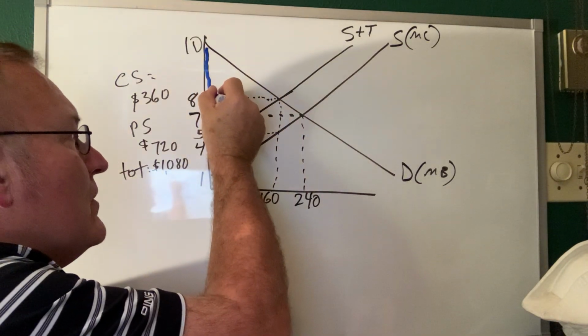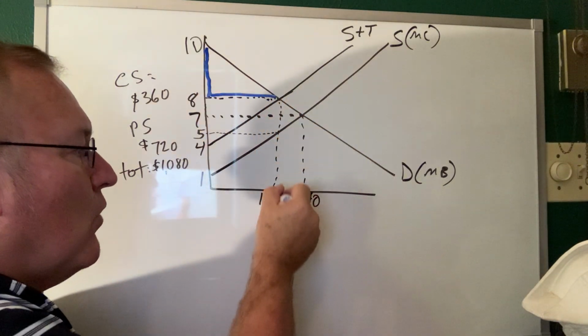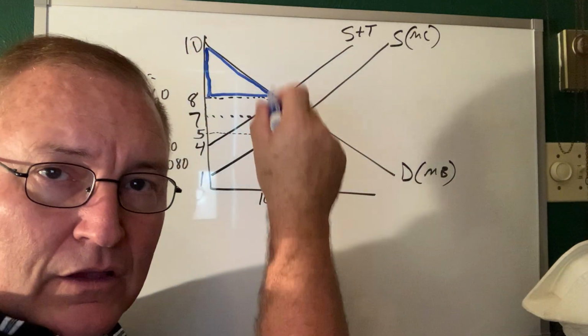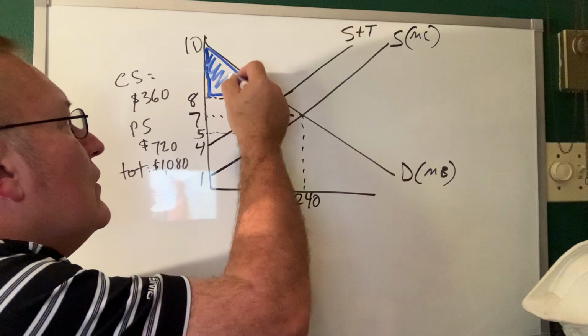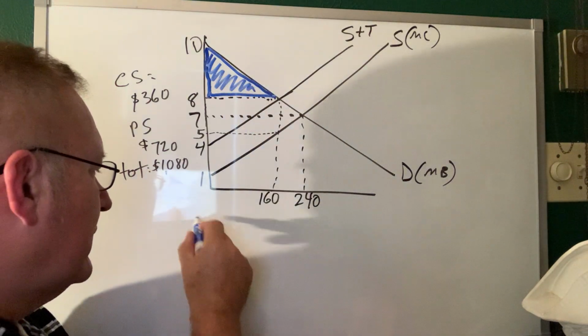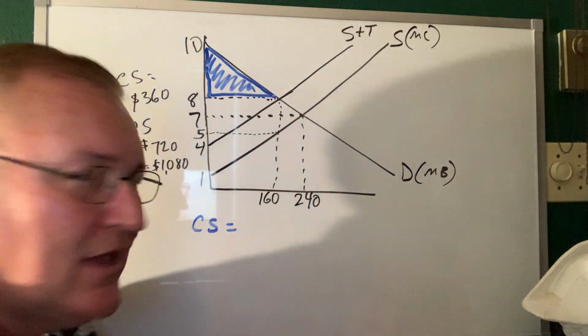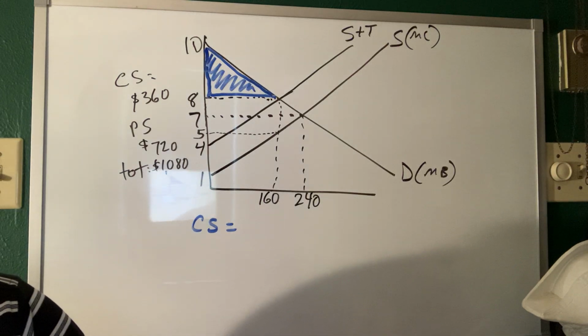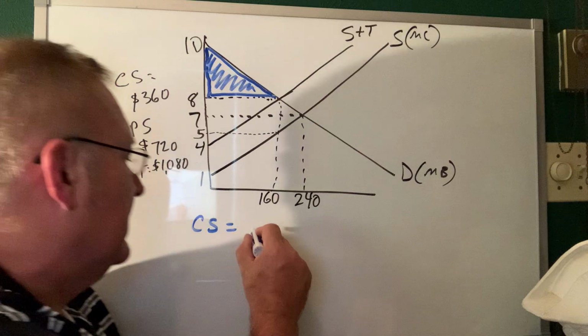We take this over to the new quantity being exchanged, following the demand curve. There's the consumer surplus. I'm not going to go through the calculations, but in this case the consumer surplus is going to be 160.